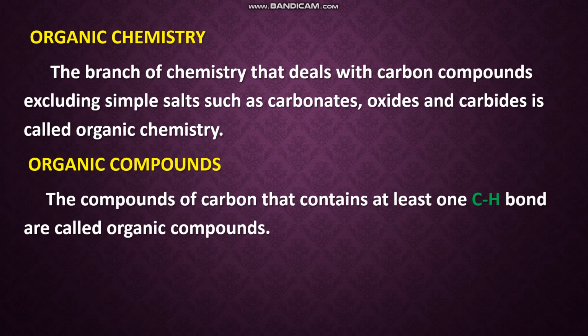So we have seen now carbonates and oxides of carbon, carbon dioxide, carbon monoxide. Even though carbon is present in them, they are not included in organic chemistry. The reason: in those compounds, a carbon-hydrogen bond is not present. So organic compounds are carbon-containing compounds, but at least one carbon-hydrogen bond should be present in them.